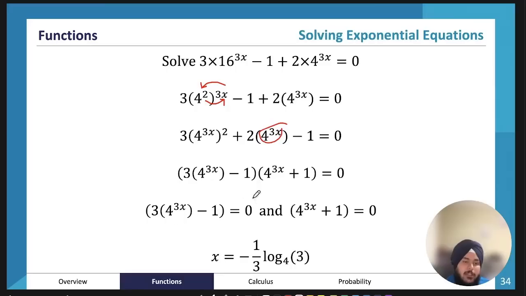And then we can use null factor law to solve. And eventually we will get something in log. So yeah, just this question that you're most likely to get in an exam scenario. And that's actually from here. So this will actually be undefined. So that won't give you a value.